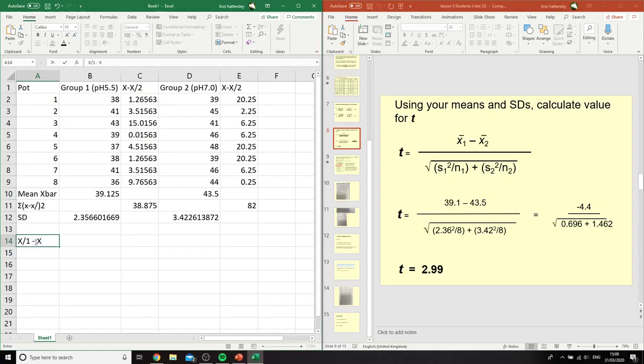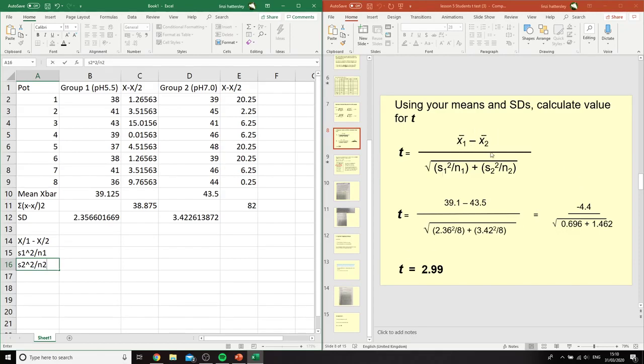It's going to have x bar 1 minus x bar 2. I'm also going to have s1 squared divided by n1, and s2 squared divided by n2.